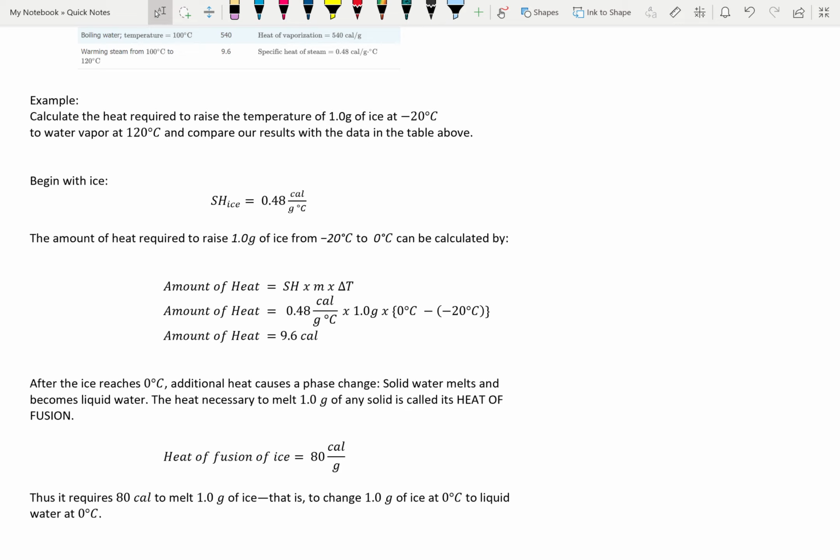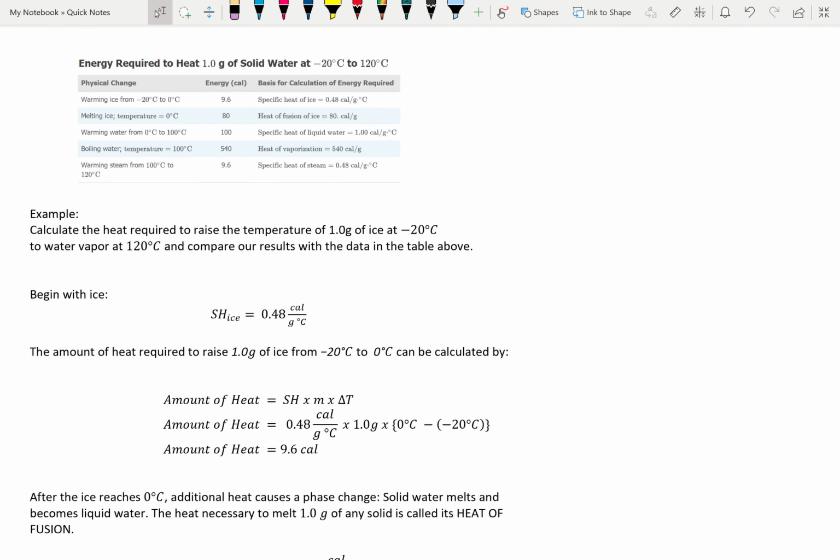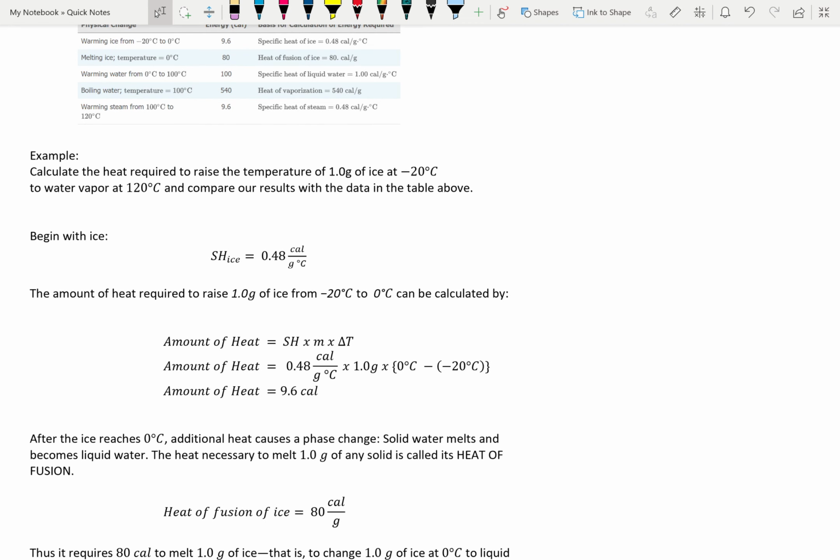This is the example here. Calculate the heat required to raise the temperature of 1 gram of ice at negative 20 degrees Celsius to water vapor at 120 degrees Celsius and compare the results with the data in the table above. So we begin with the ice, right? So specific heat of ice we got from the table is 0.48 calories per gram Celsius.